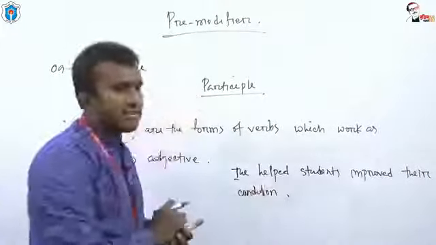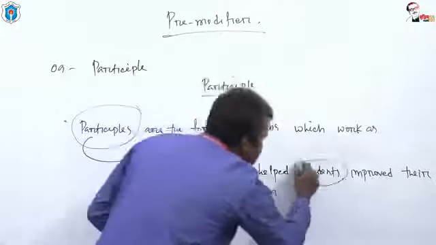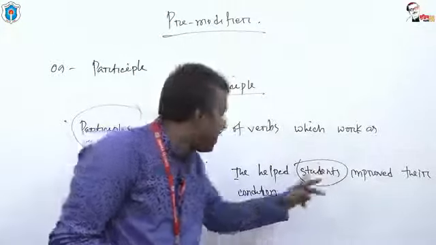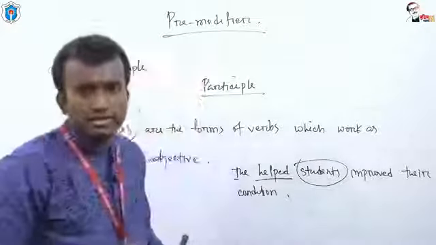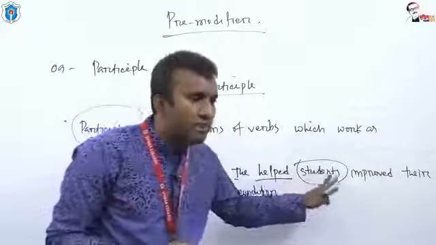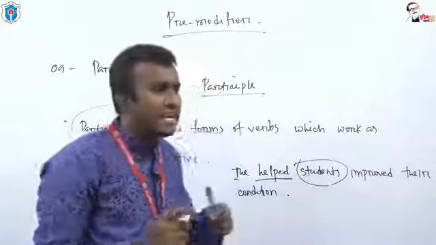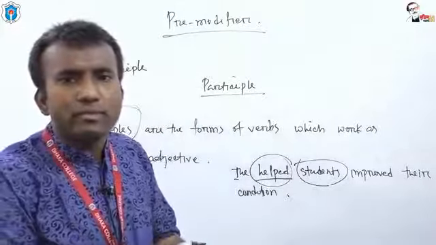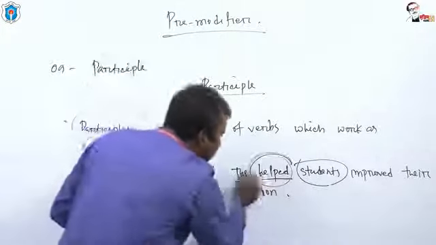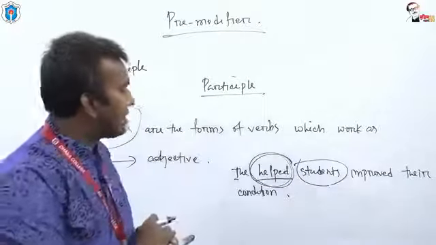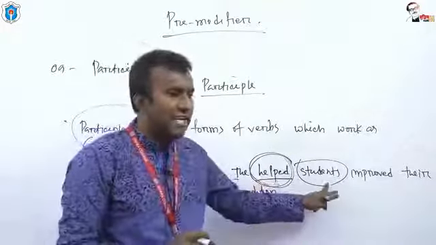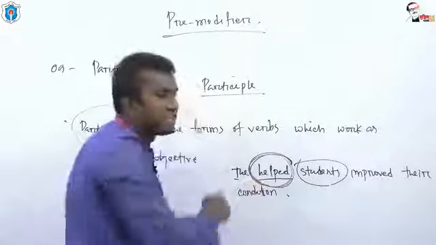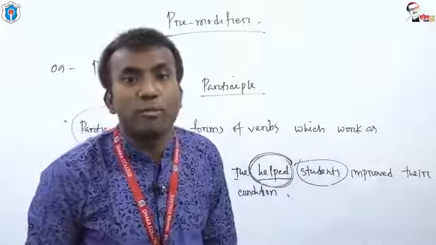The helped students. Here the noun is students. This noun is modified by helped. So can I say that helped is an adjective? Definitely I can say. This helped has become an adjective because it has modified students, and this helped is the past participle form of the verb.